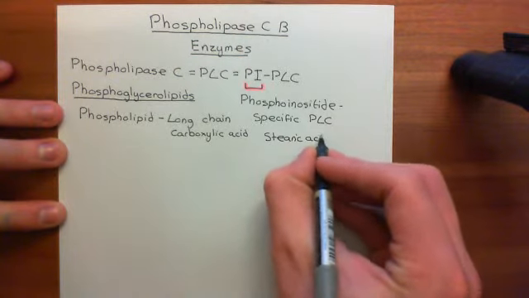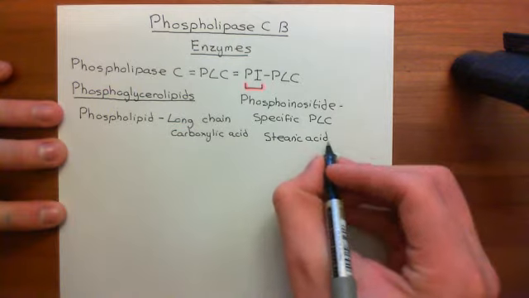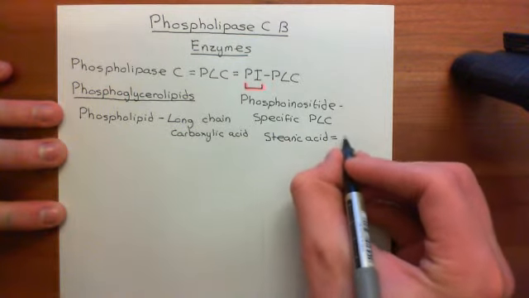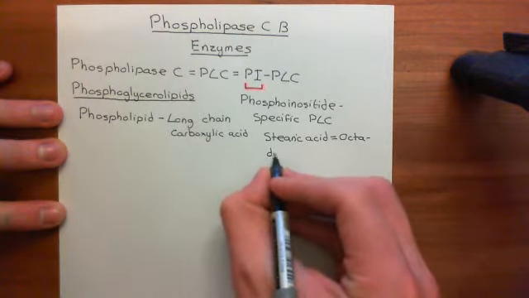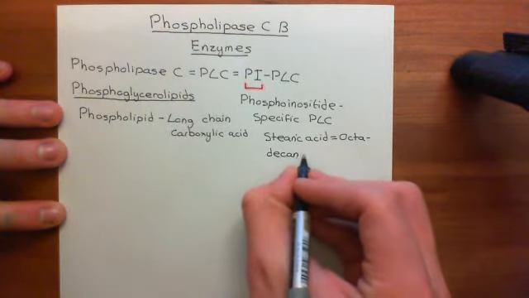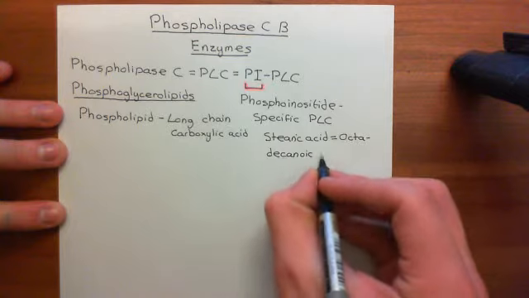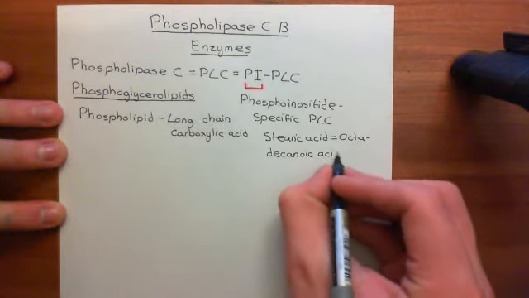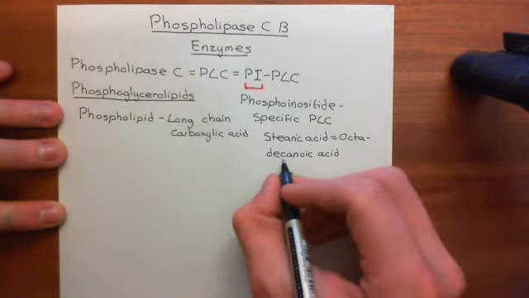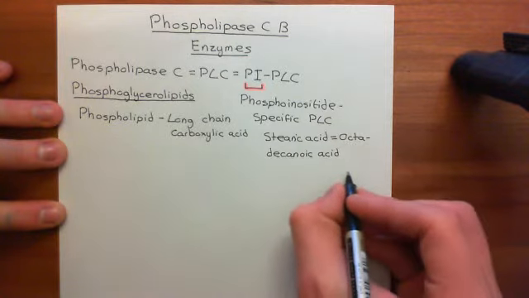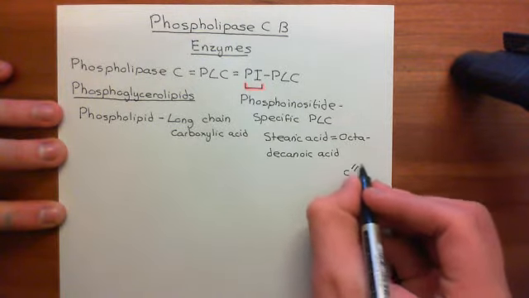Stearic acid is the old name for a molecule that would now be called octadecanoic acid. Although octadecanoic acid is somewhat more of a mouthful, it's a more helpful name because it tells us exactly what we're dealing with here: an 18-carbon fully saturated carboxylic acid.